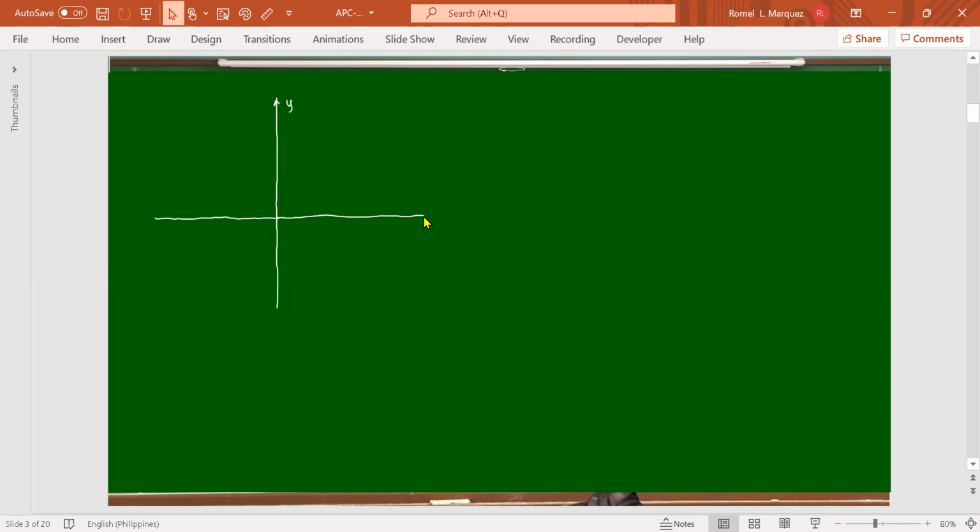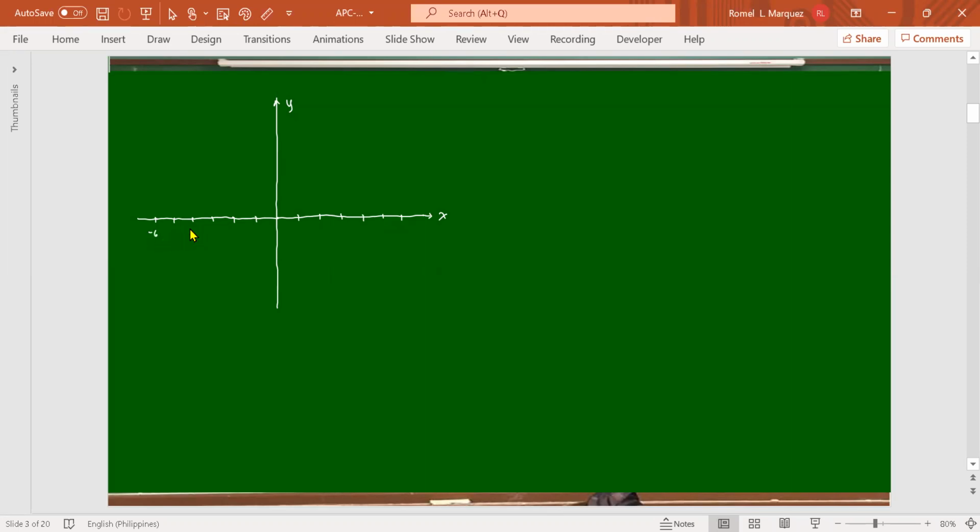Okay, so this is the x-axis. We have 1, 2, 3, 4, 5, 6, and on the other side -1, -2, -3, -4, -5, -6.